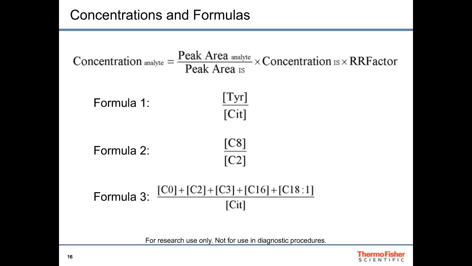For instance, Formula 1 is used to investigate tyrosinemia types 1, 2, and 3. Formula 2 is used to research medium-chain acyl-CoA dehydrogenase deficiency. And Formula 3 is used to investigate carnitine uptake defect. And the IRC Pro can do all these calculations quite easily.